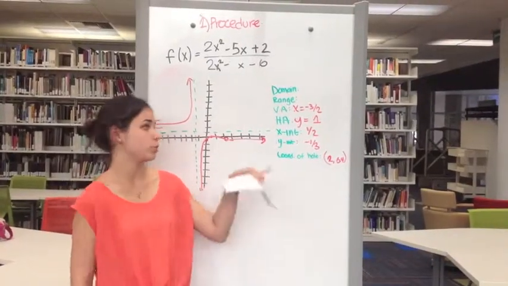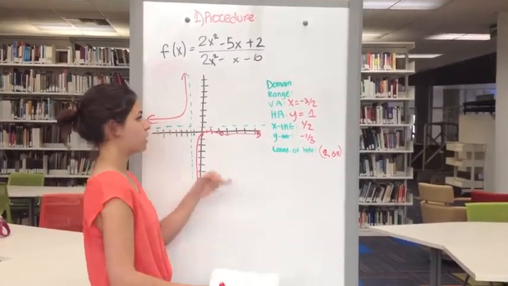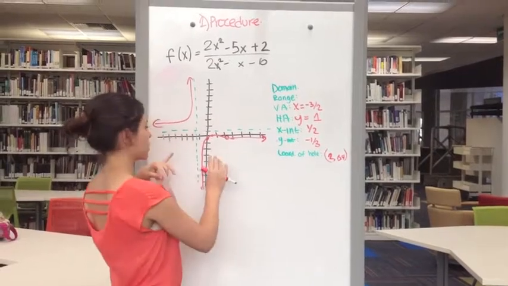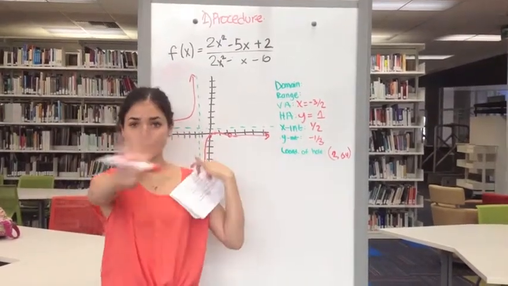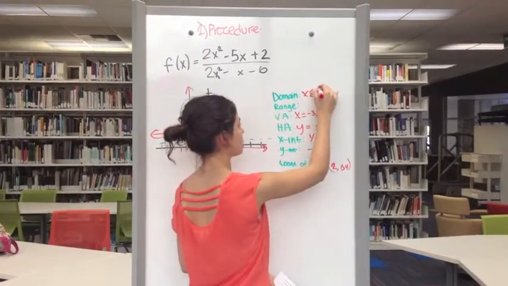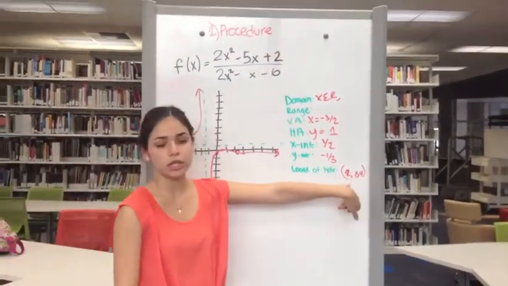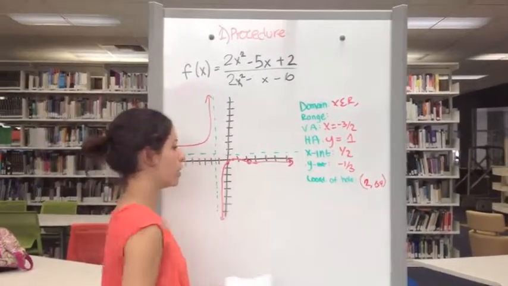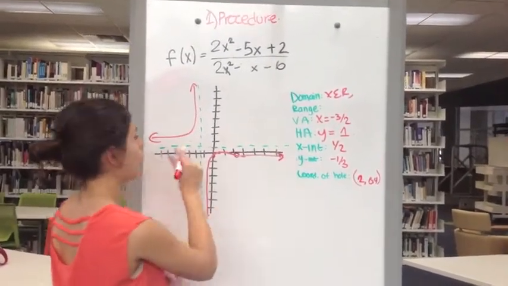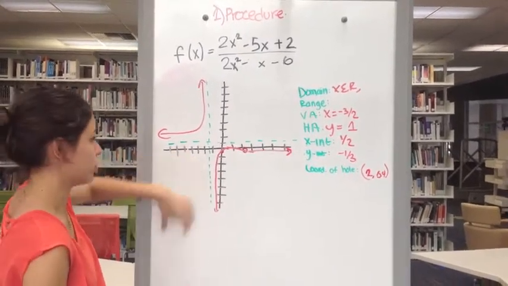Now we can figure out the domain and the range, since we have our graph. The domain is going to be all real numbers, because as you can see, it extends out to both sides to infinity. But we have to take into account that the graph cannot touch the asymptote, as well as the hole, because there's nothing there.